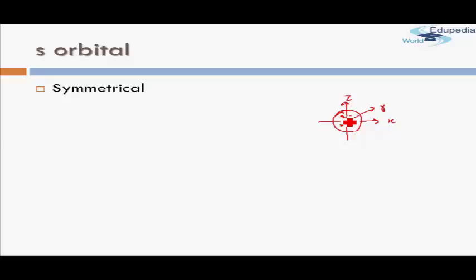Because the electron in an s orbital moves in a spherical region, and because of that, the likelihood of finding the electron is in a spherical region. That is why we say that the s orbital has a spherical cloud density, or a spherical shape.